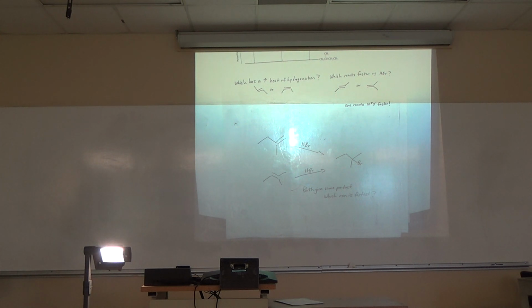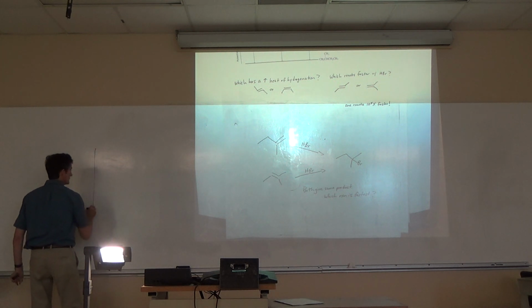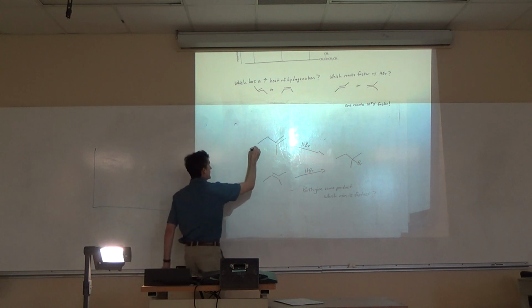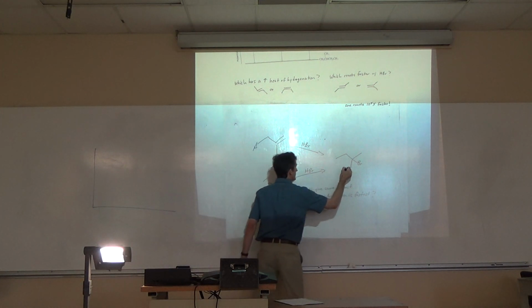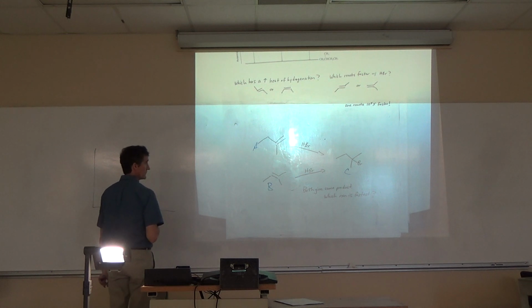That could be a reasonable argument, but I would ask you to clarify that some. We do a reaction coordinate diagram and call this A, B, C. Let's just do the rate determining step.